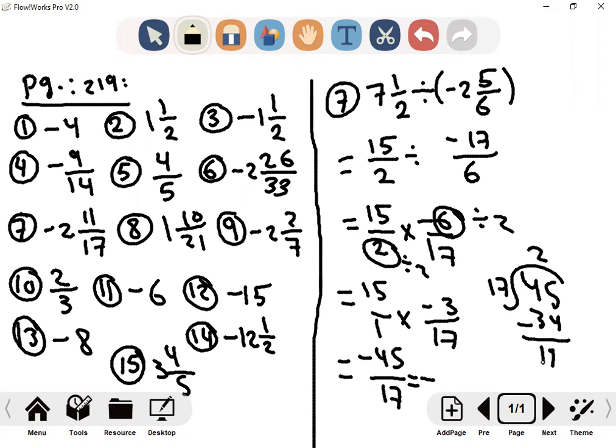This is equal to negative 2 and 11 over 17. So in question 7, we have the same answer, negative 2 and 11 over 17. Done.